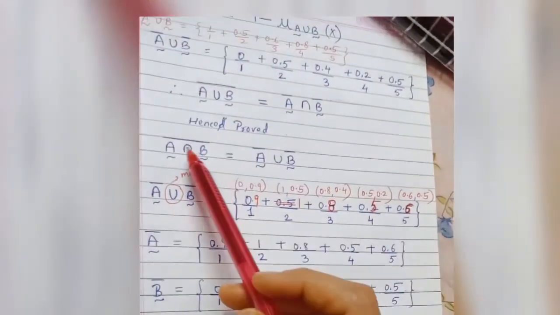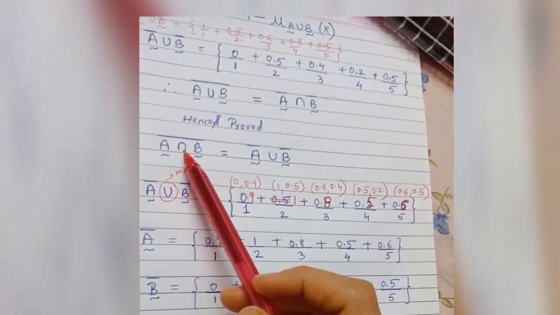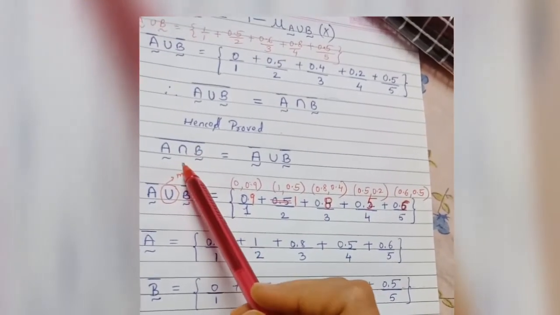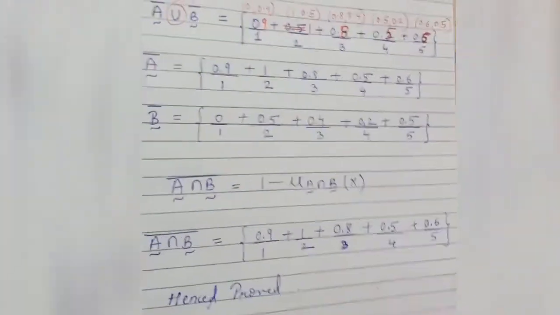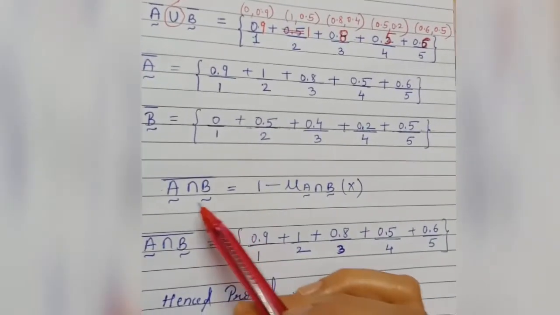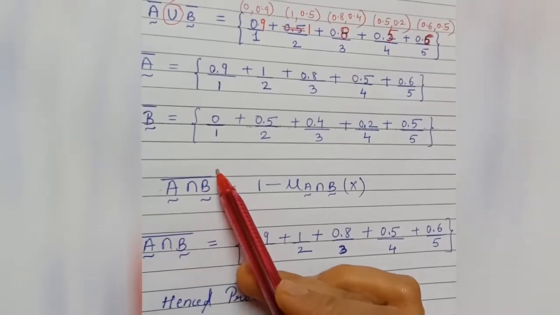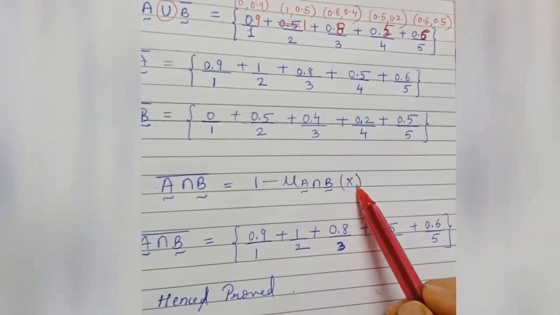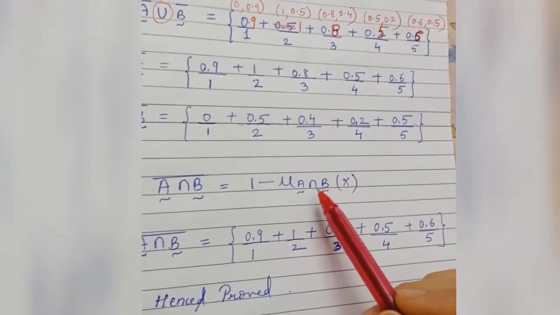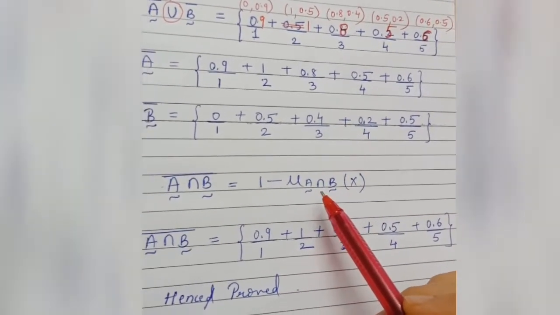Now to find the LHS of De Morgan's second principle, we need to calculate A intersection B, the whole set complement. We have to calculate 1 minus mu A intersection B of x, in a similar way to the first principle.